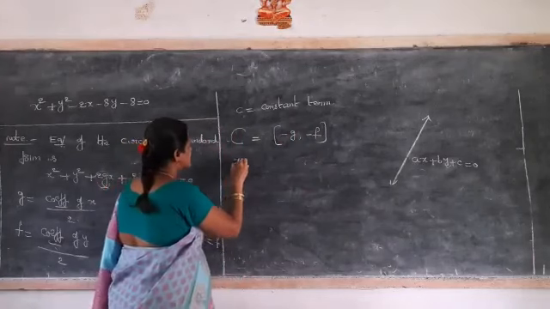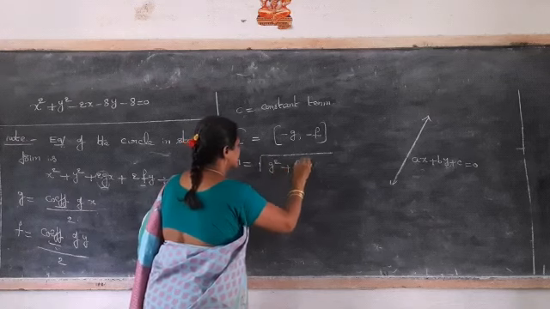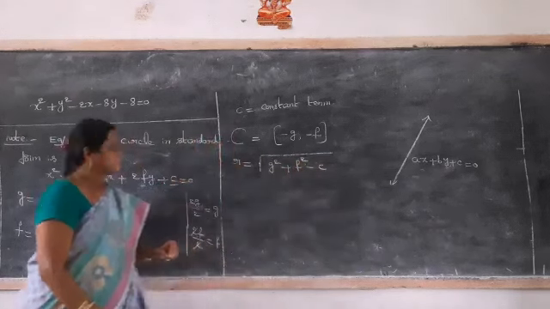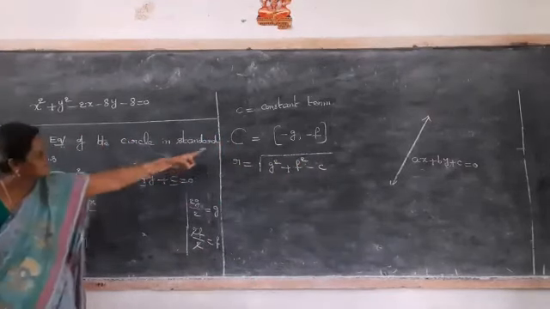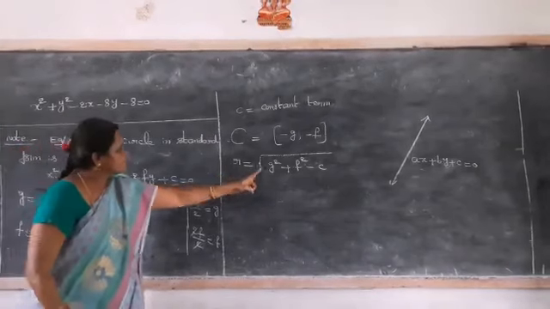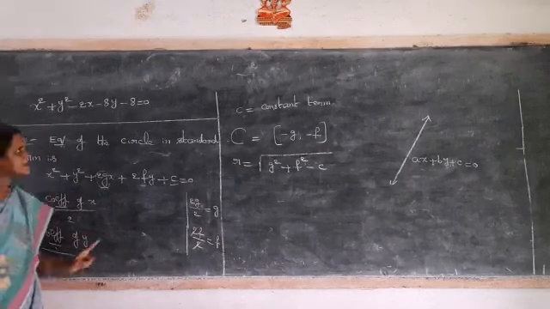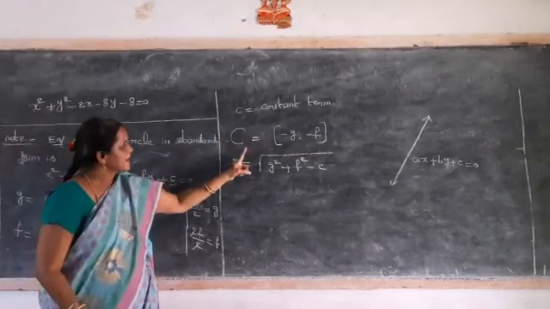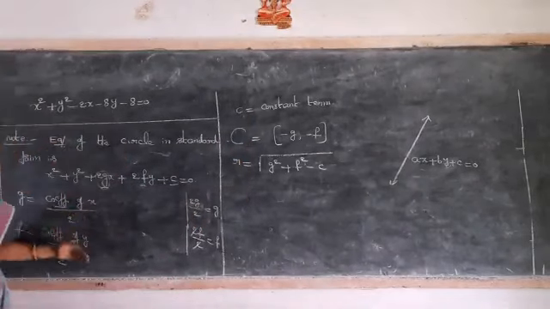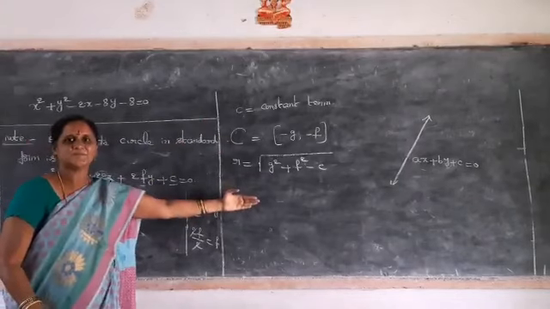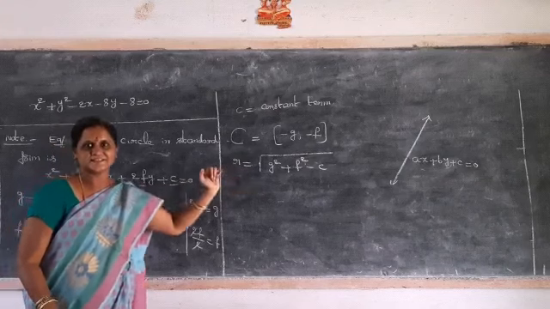Next, the radius formula is root of g square plus f square minus c. When the circle equation is given in this form and we are asked to find the center and radius, first we have to find g, f, c.